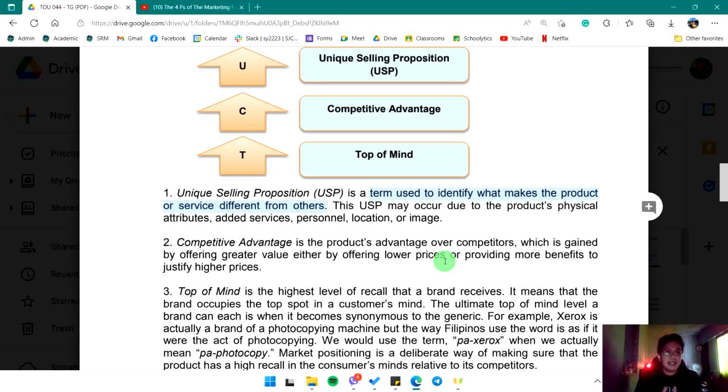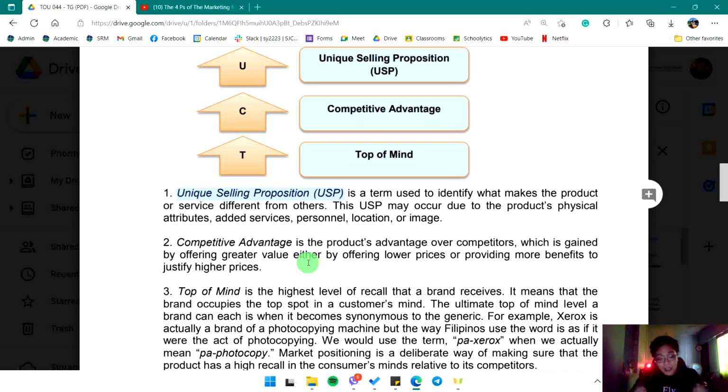And if you will sell your product or service in a way na sinasabi niyo na bilhin niyo itong produkto namin kasi ito po ay kakaiba, bilhin niyo itong produkto namin kasi ito po ay unique, in that way, you are doing unique selling proposition para bumili yung market ng produkto natin.